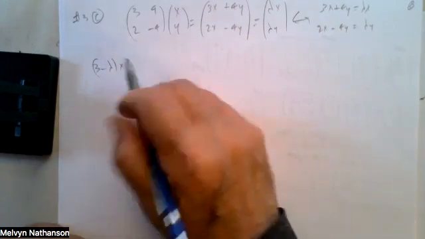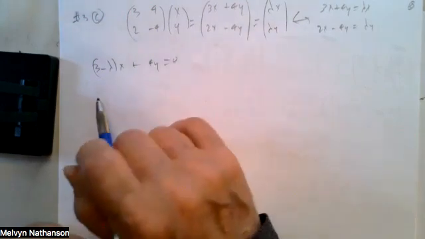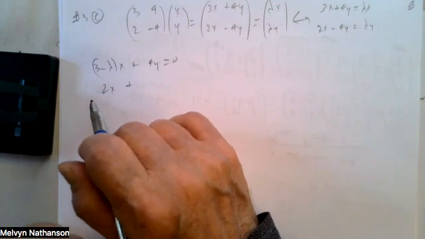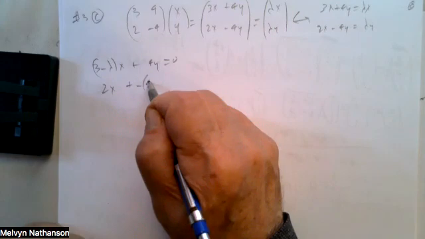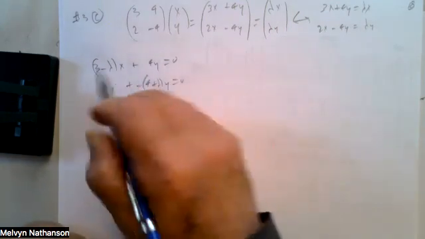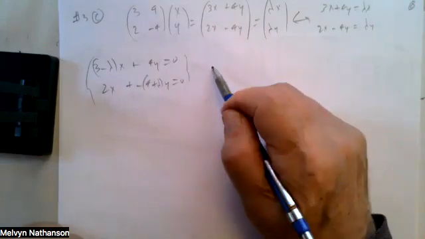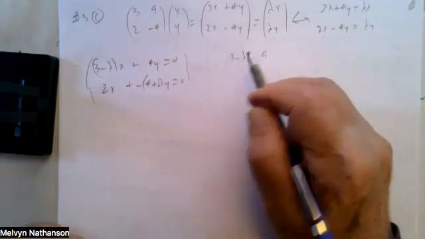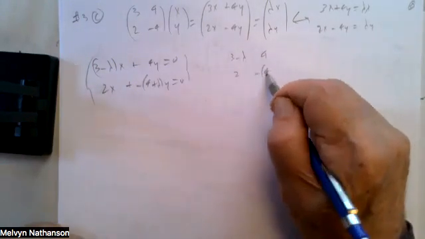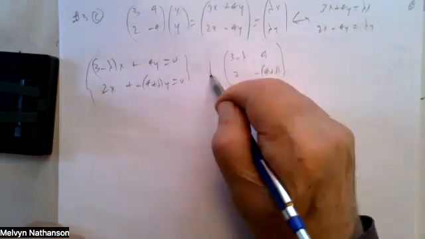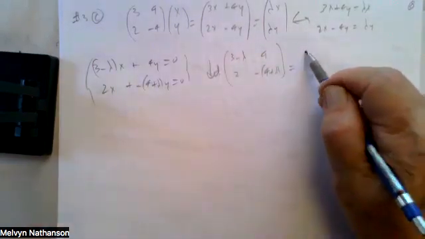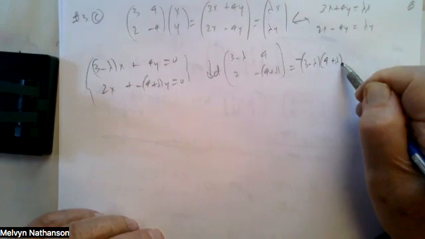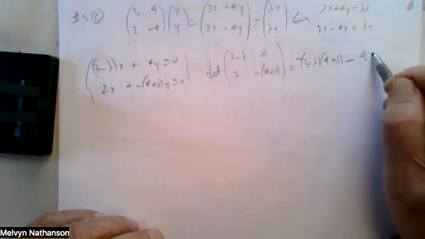3 minus lambda x plus 4y equals 0. 2x plus minus 4 minus lambda, so that's minus 4 plus lambda y equals 0. If you look at the matrix of coefficients, 3 minus lambda, 4, 2, minus 4 plus lambda, and you take the determinant, that's 3 minus lambda times minus 4 plus lambda minus 4 times 2.